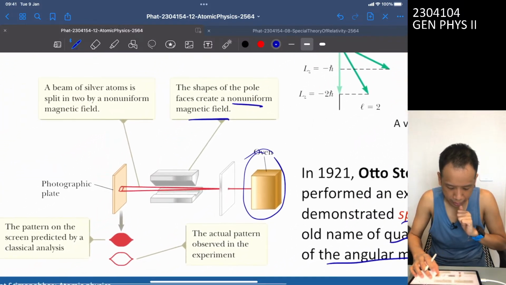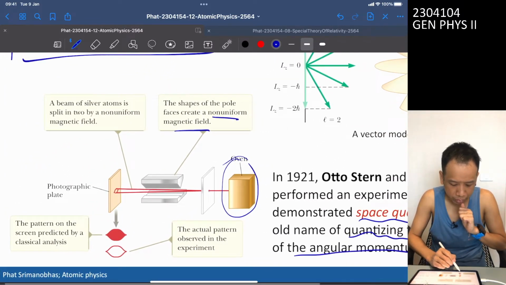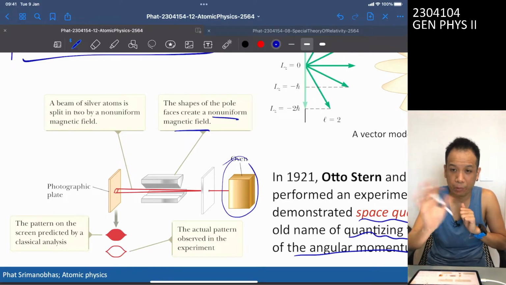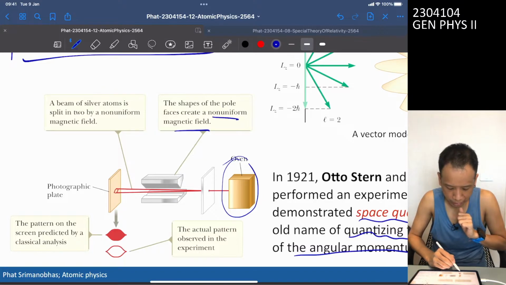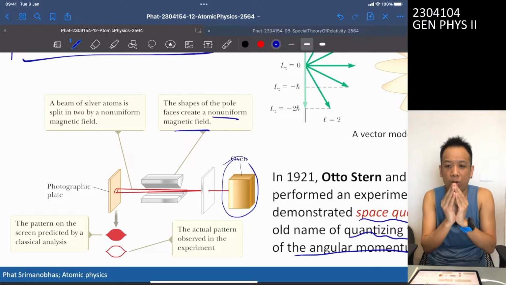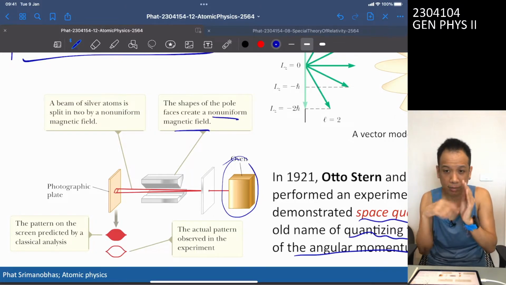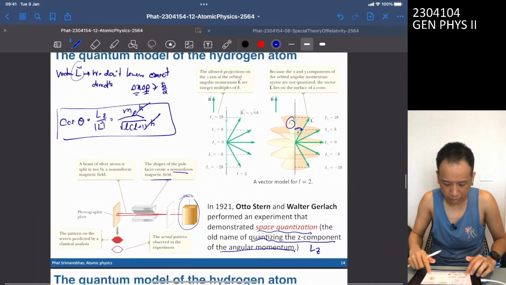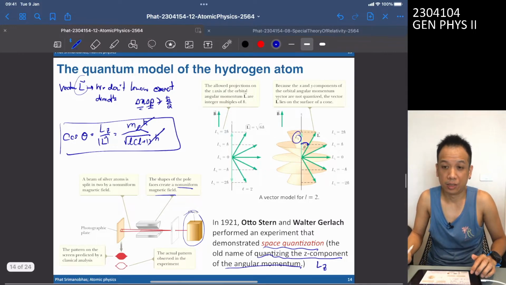The expectation is that in the classical case, the angular momentum can be placed in any direction, so you should get a solid pattern going everywhere. But the pattern they saw is like a hollow shape, not going everywhere but only in some directions. That means the space quantization exists.